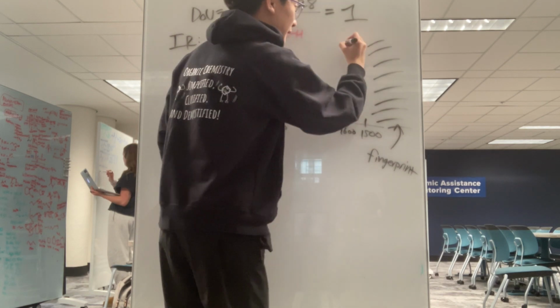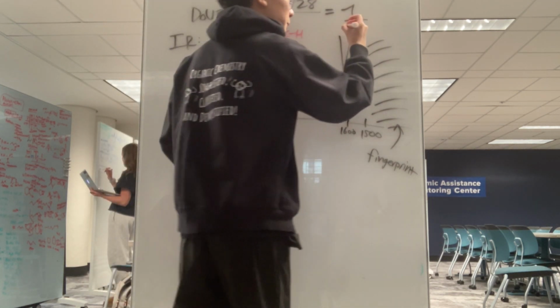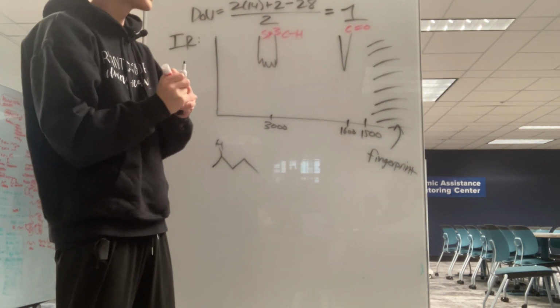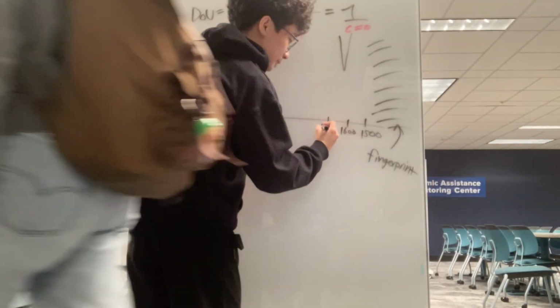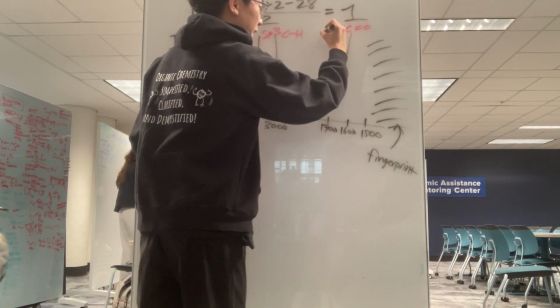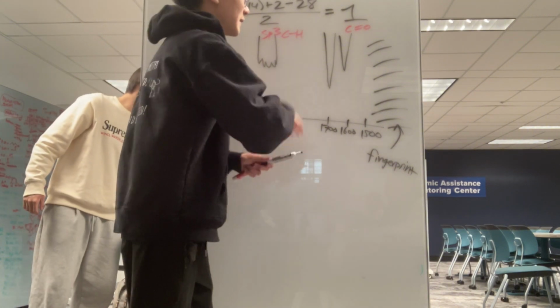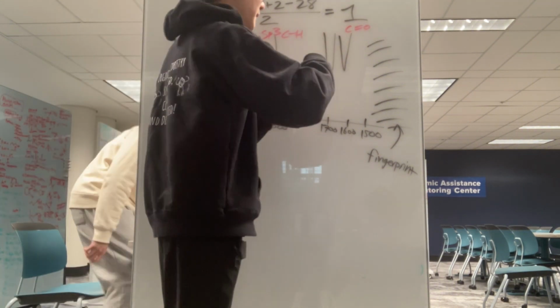Around 1600, if you see a sharp peak there, that's going to represent a carbonyl, carbon double bond oxygen. At 1700, if you see a sharp peak there, that's going to flip that, right? 1700 is the carbonyl, the carbon double bond oxygen.